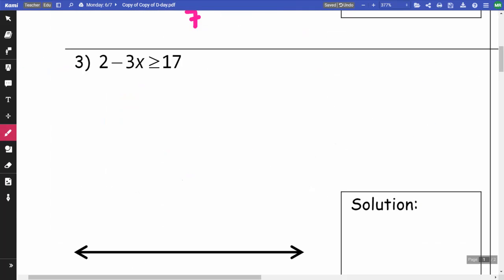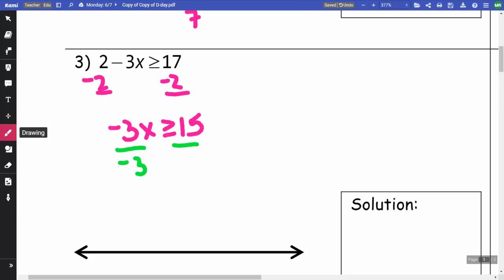On number 3, I am going to keep my x where it is. I'm going to subtract 2 from both sides. Don't forget that there's a negative in front of that x. So it's -3x is greater than or equal to 15. I'm going to divide by -3. So when I divide by -3, this side I get x, this side I get -5.